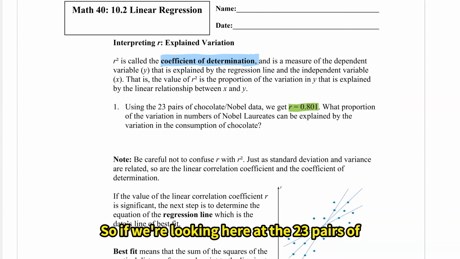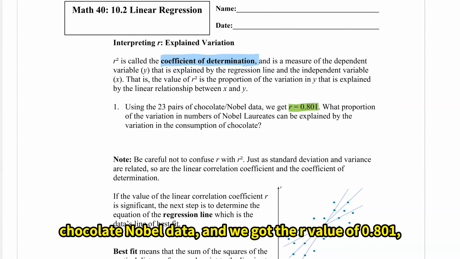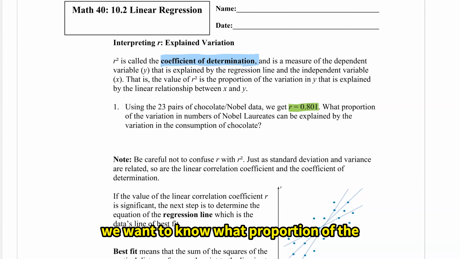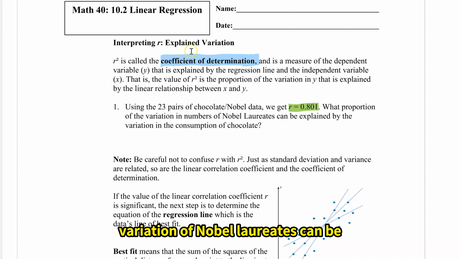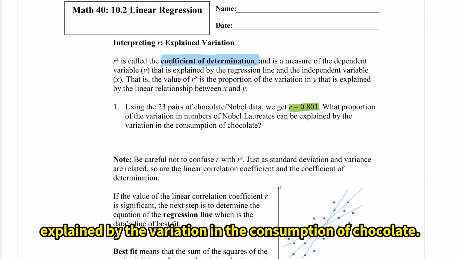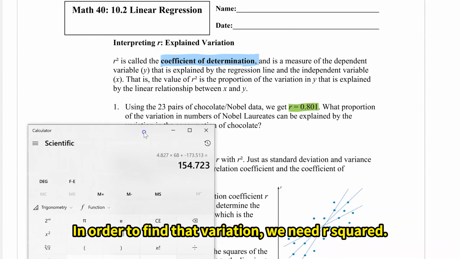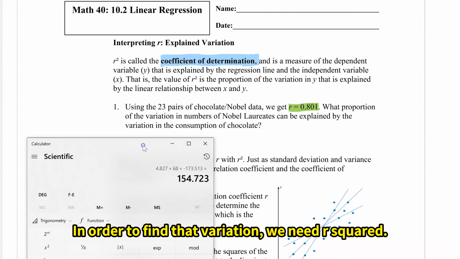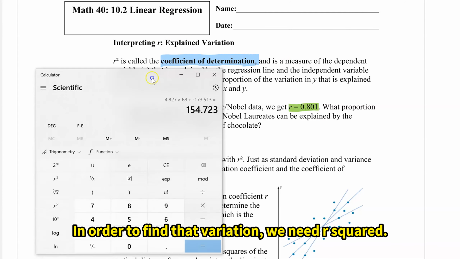So if we're looking here at the 23 pairs of chocolate Nobel data, and we got the R value of 0.801, we want to know what proportion of the variation of Nobel laureates can be explained by the variation in the consumption of chocolate. In order to find that variation, we need R squared.